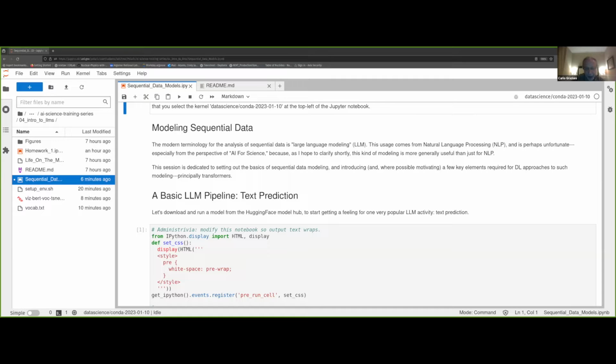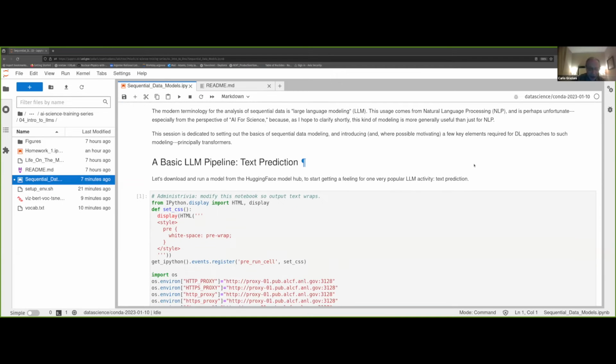So in this session, we're going to be talking about the basics of sequential data modeling and introduce a couple of key elements that are going to help set the table for Archit's lecture next week, in which he goes more deeply into the subject. Just to get things rolling, I want to illustrate what's called an LLM pipeline.